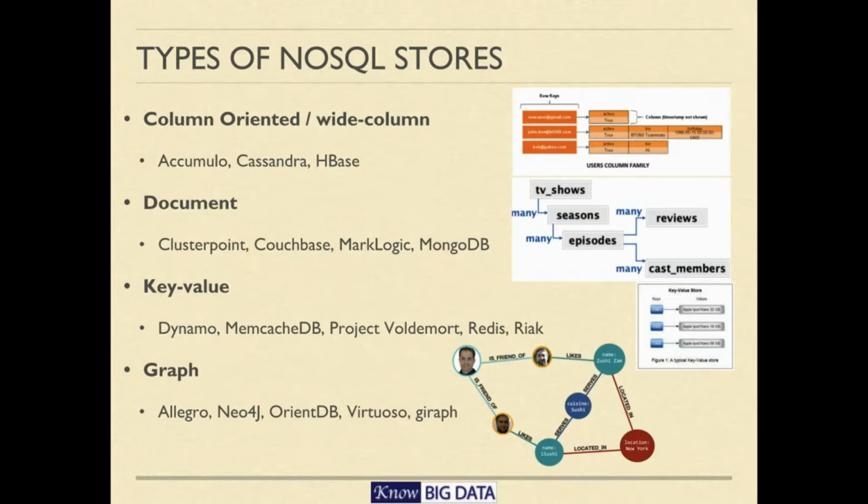For example, you have to store TV shows. The way you store them is you create an XML kind of structure or a JSON kind of structure where you have TV shows. Then TV shows contain seasons. Seasons contain episodes, and episodes contain reviews and cast members.